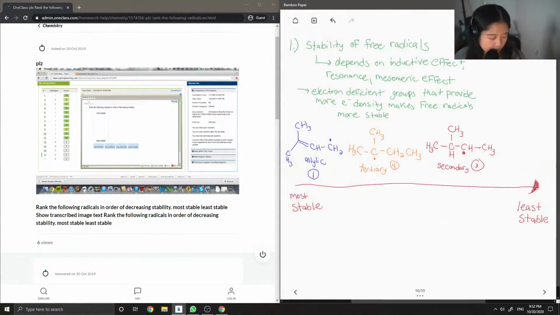And then lastly, the least stable free radical is the primary.